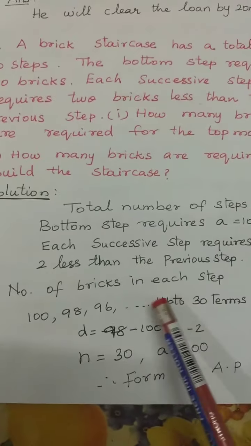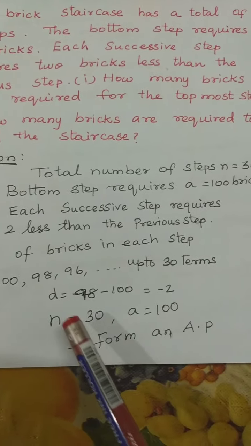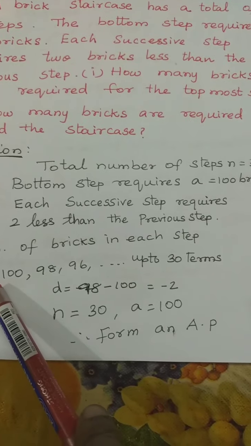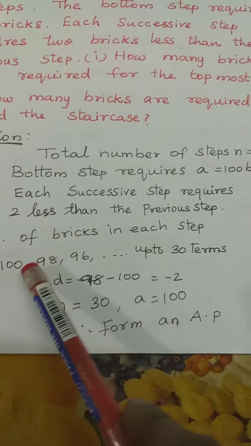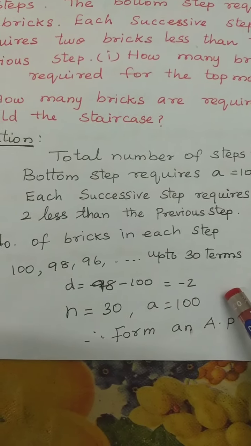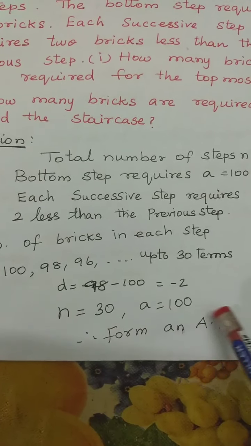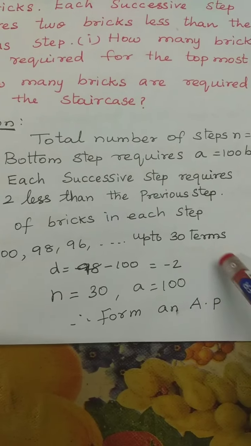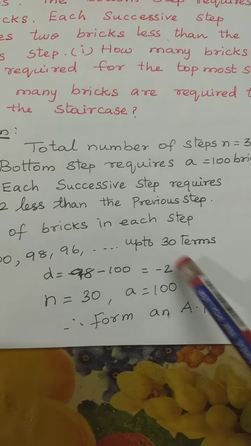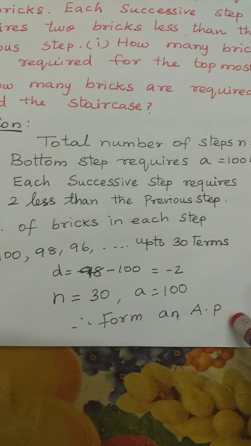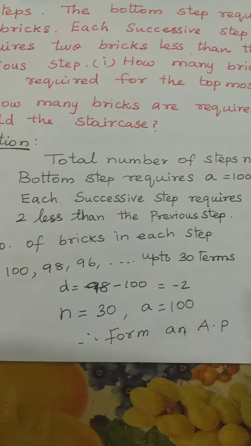Here n = 30, d = 98 − 100 = −2, and also 96 − 98 = −2. So it forms an AP, since T2 − T1 equals T3 − T2. So a = 100.